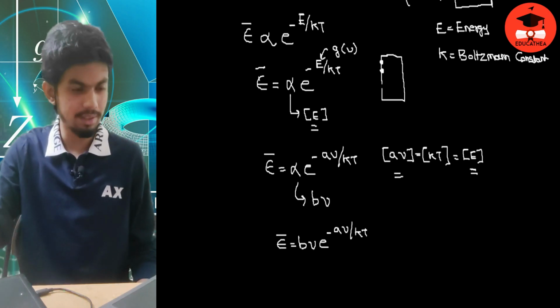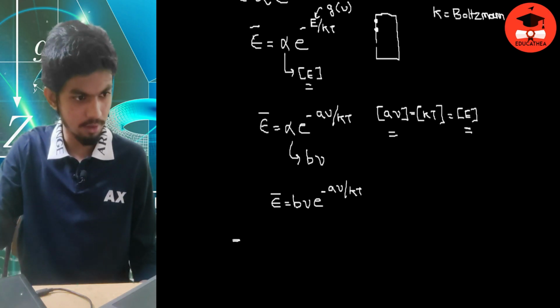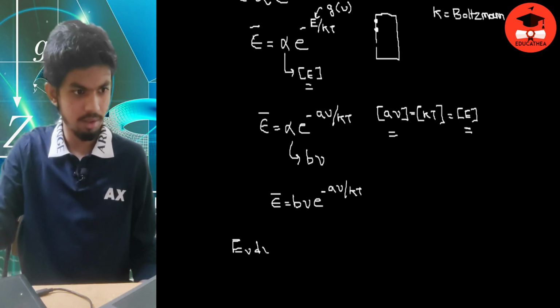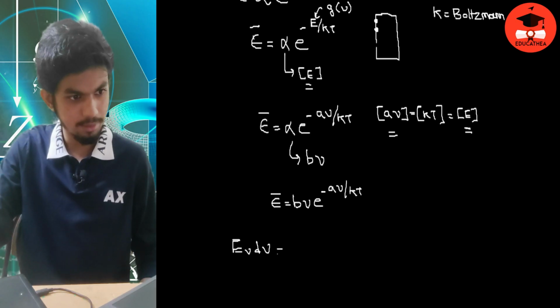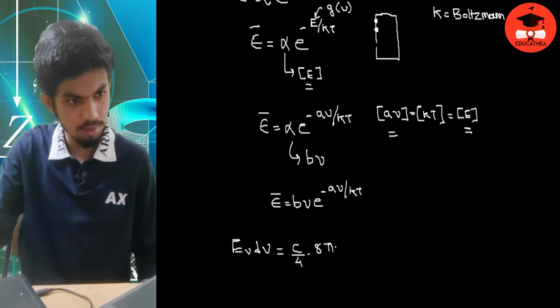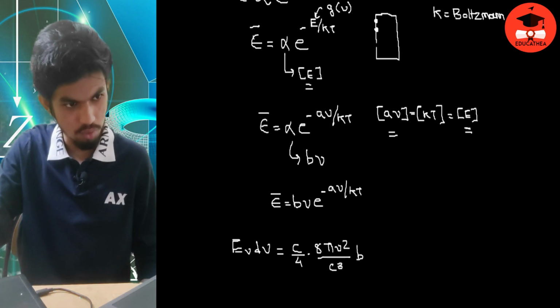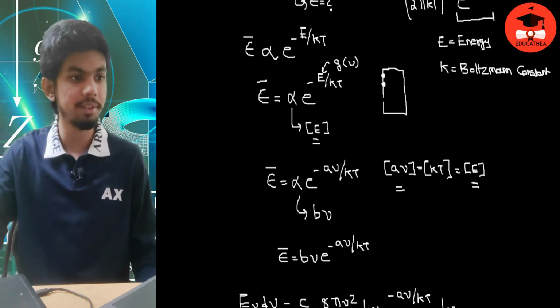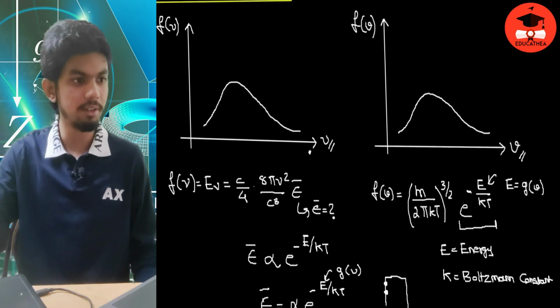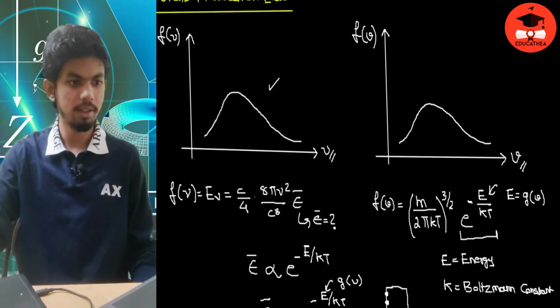Now if we put this in our formula for E(nu) d nu, then it becomes the energy distribution. Then this becomes c by 4 into 8 pi nu square by c cube into b nu e to the power minus a nu by kT into d nu. And to our surprise, this expression fits this above curve perfectly.